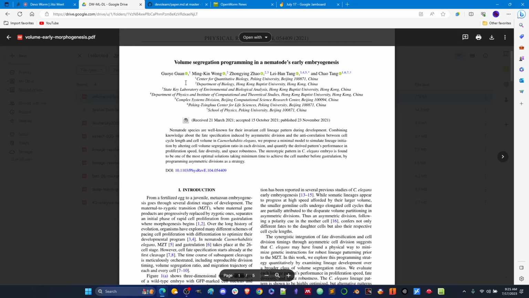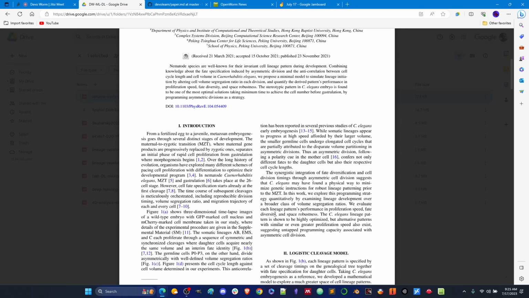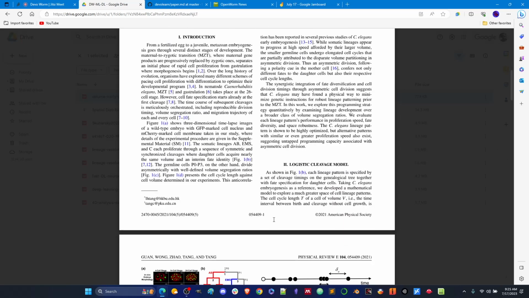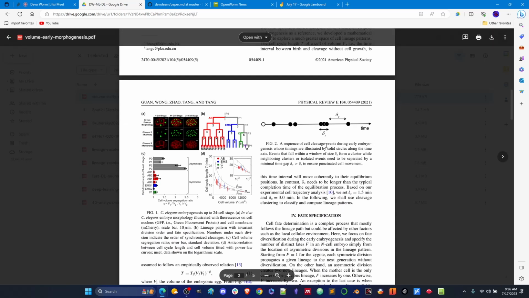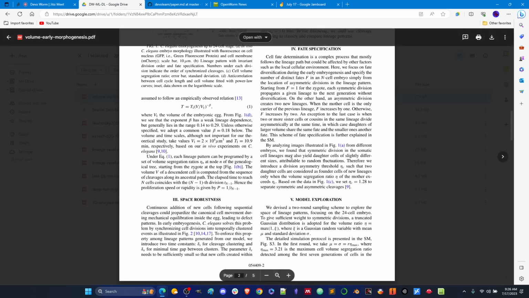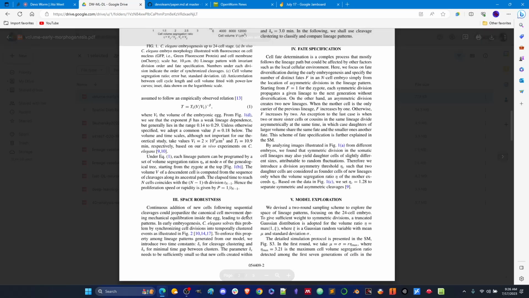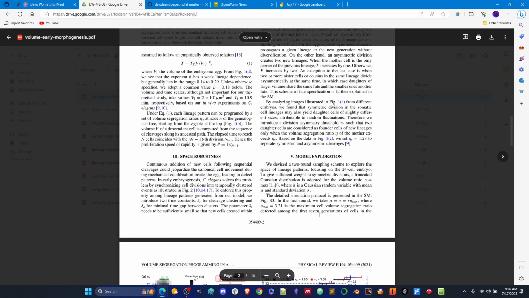This is from some authors, and they've done this work on segmenting cells and doing other types of fate specification and looking at model exploration.